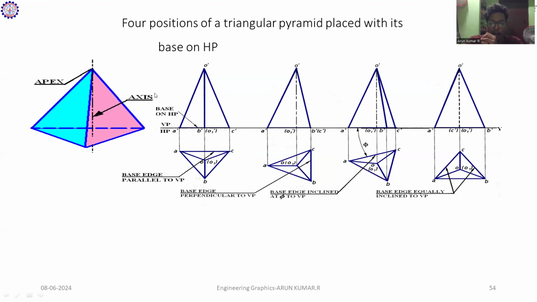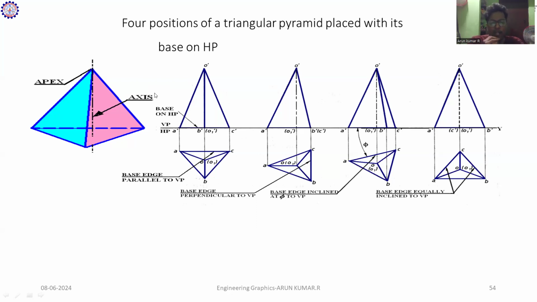These are the four different cases in which the solid can be placed. So you have to solve accordingly, depending on what condition is given in your problem. Then only proceed to the next step.